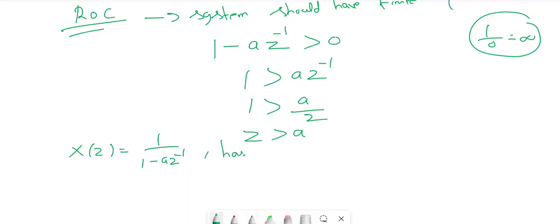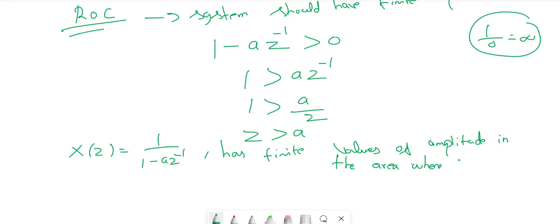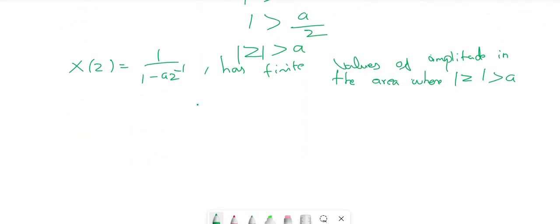It has finite values of amplitude in the area where the modulus of z is greater than a. Okay, so what is z actually?